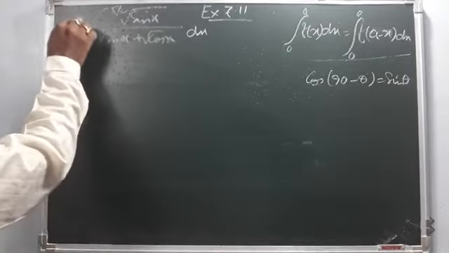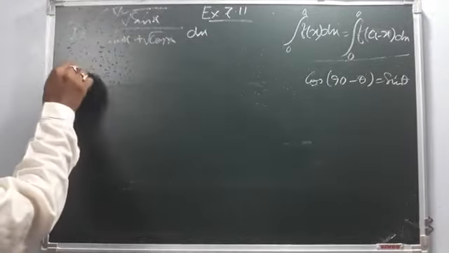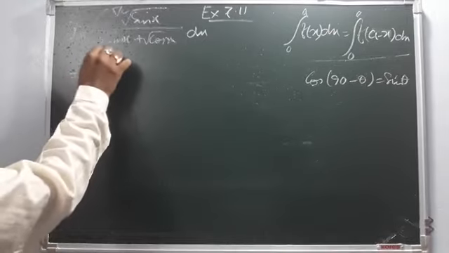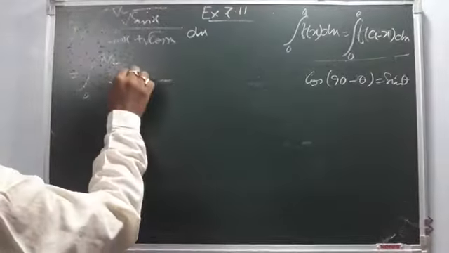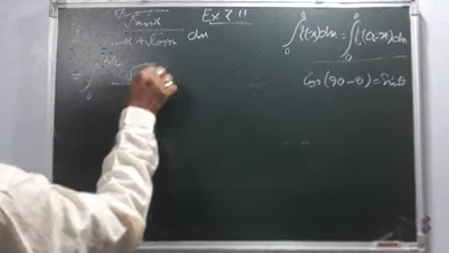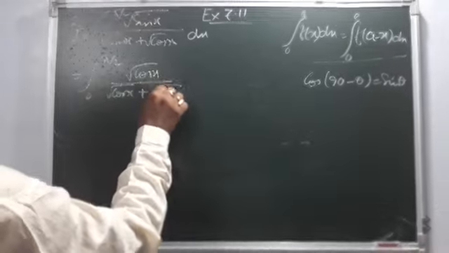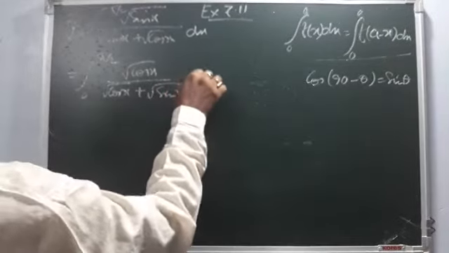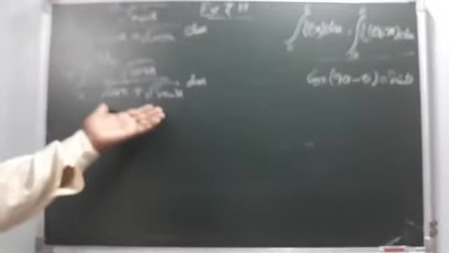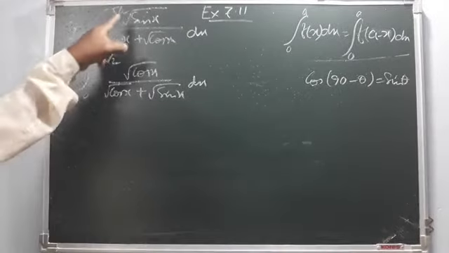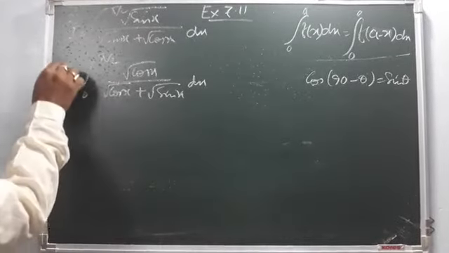So if I take this one as I, then by using that rule, that third property of the definite integral, it will change into root cos x over root cos x plus root sin x. Now students, see, here denominator same, numerator is a little different, here root sin x, here root cos x.